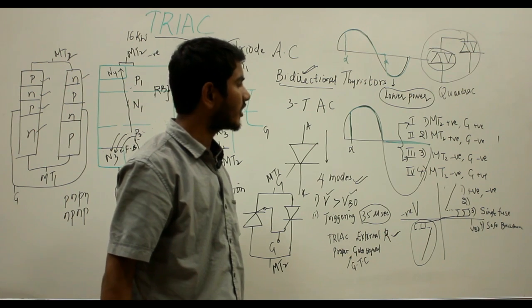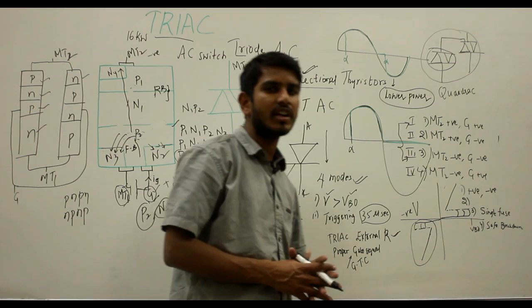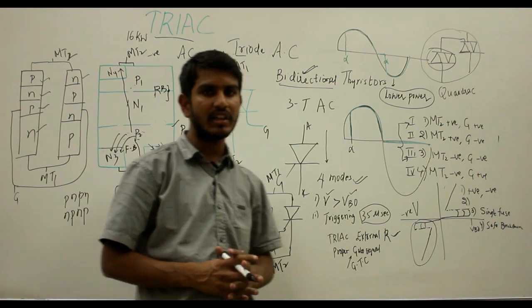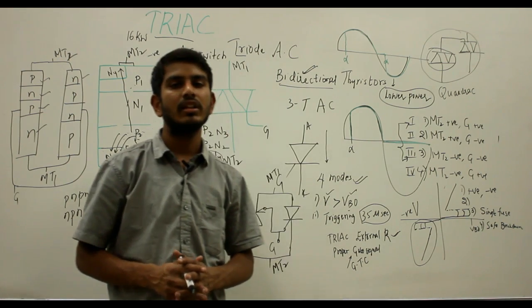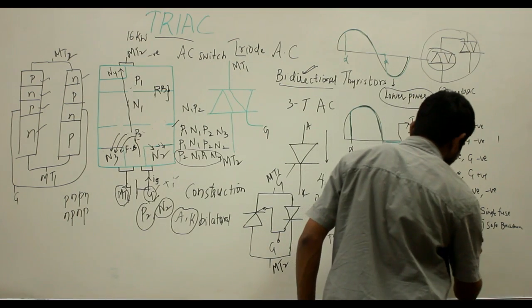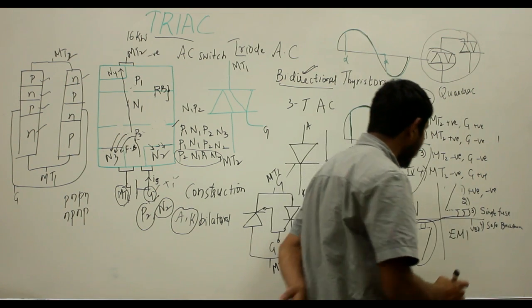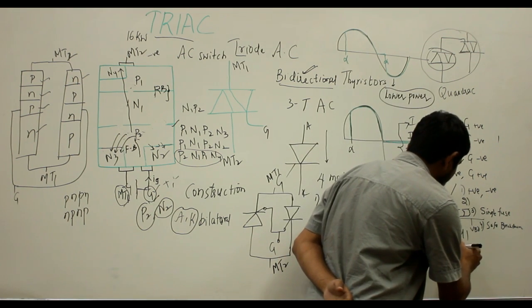Now coming to the disadvantages, the main disadvantage of the triac is it gives an asymmetrical switching, and due to asymmetrical switching, the circuit is susceptible to electromagnetic interference, and it will also give rise to harmonics.